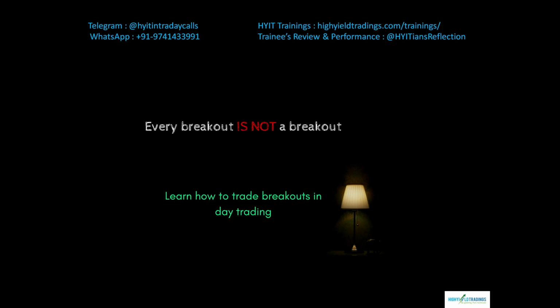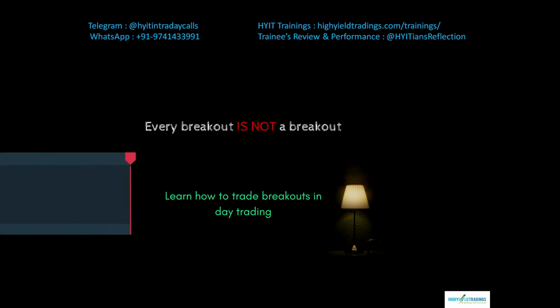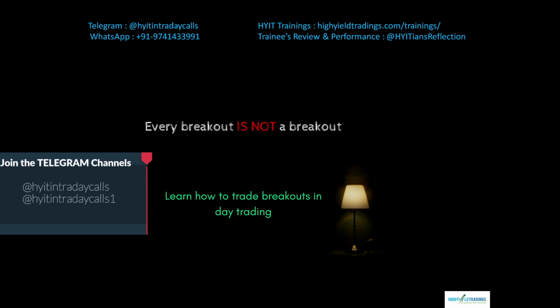That marker can be an indicator, any indicator for that matter, or it can be a trend line, or if you are someone who hates using these kinds of things and tag yourself as a price action trader, then the marker would be the candlestick patterns and the chart patterns. So these are the only things that anyone in the trading world would use to point out a breakout.